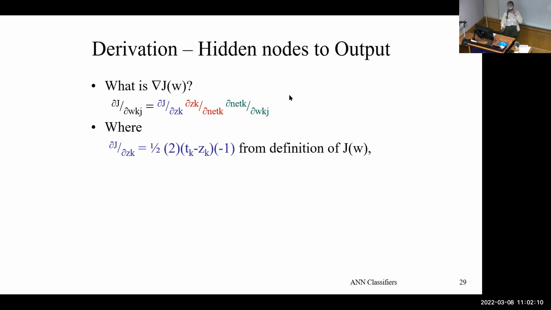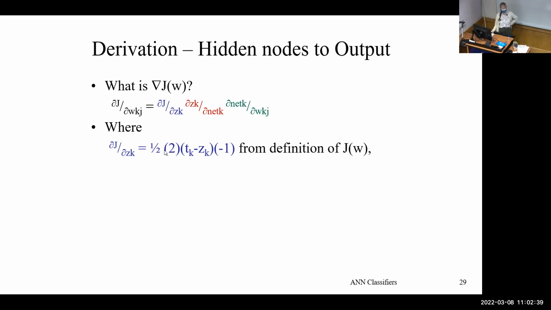So let's look at our cost function. Remembering your cost function, if we take the derivative with respect to zk, we've got that 1/2.